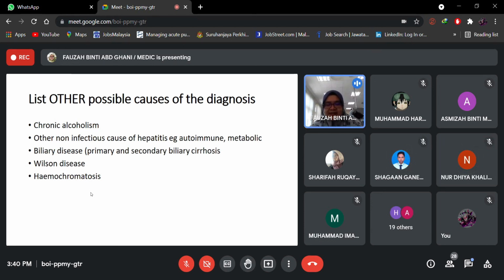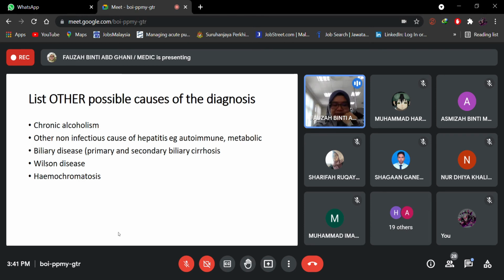So excess of iron. This can be due to either a primary problem with the iron metabolism, or it can be due to a secondary cause, like someone who has been receiving a lot of blood, for example, patients with hemophilia, thalassemia and all that, so they receive a lot of blood.